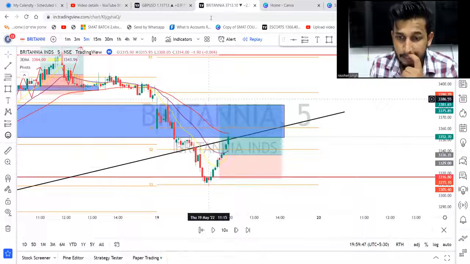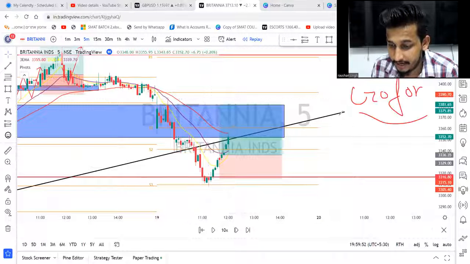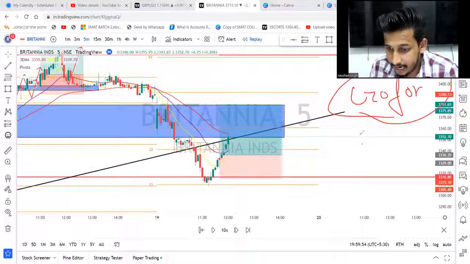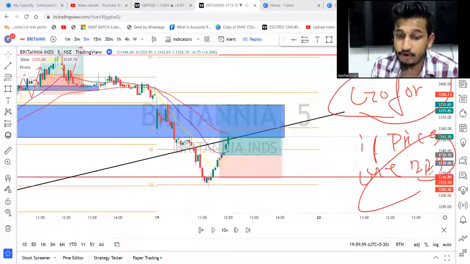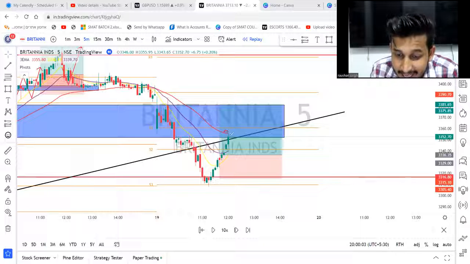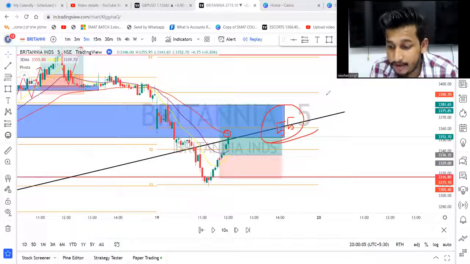Please note down, do not go for the buy side if EMA is not in your favor. If the prices are above 12 or 24 EMA, okay, you should not go if the prices are around 55 EMA. If the prices are around 55 EMA, you should not be going for the trade.